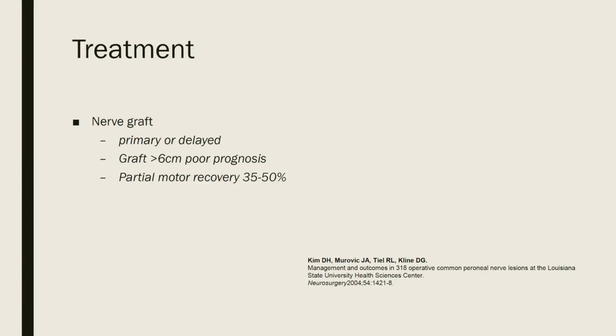You can do a nerve graft. It can be primary or delayed. But in a big study, it was shown that any graft that's more than 6 centimeters had a poor prognosis. So since most of the problematic injuries are the ones that have a lesion of more than 7 centimeters or a nerve rupture, that is probably not going to be very successful.